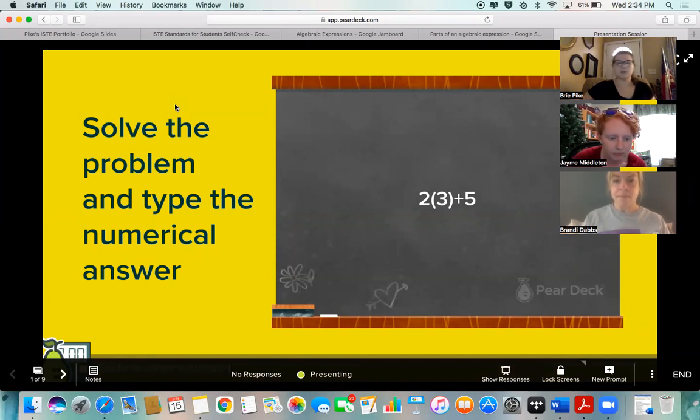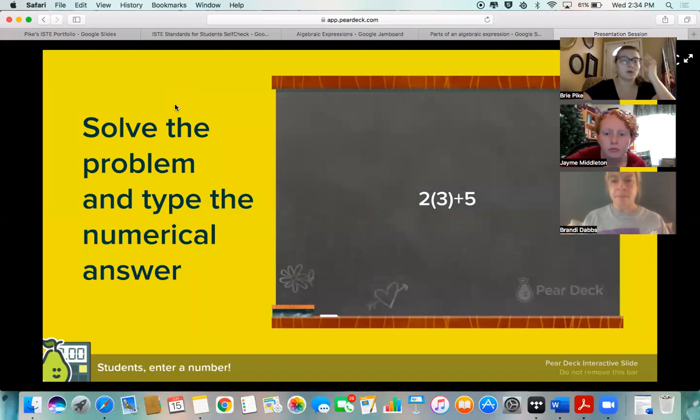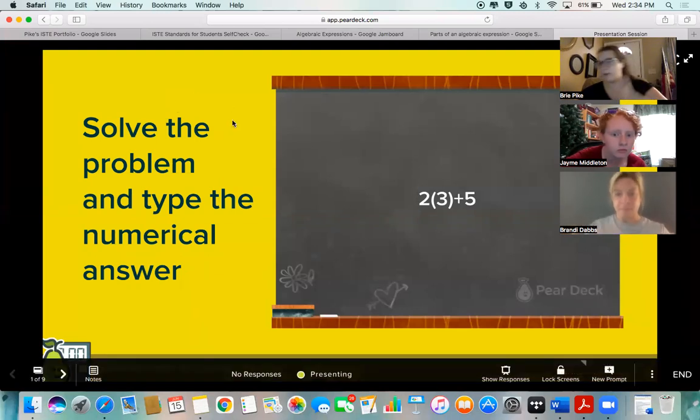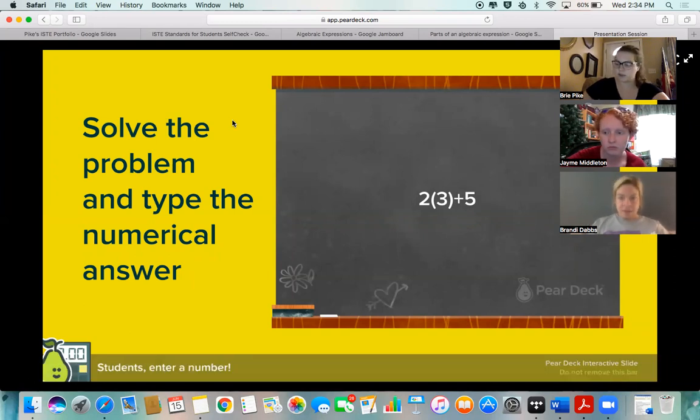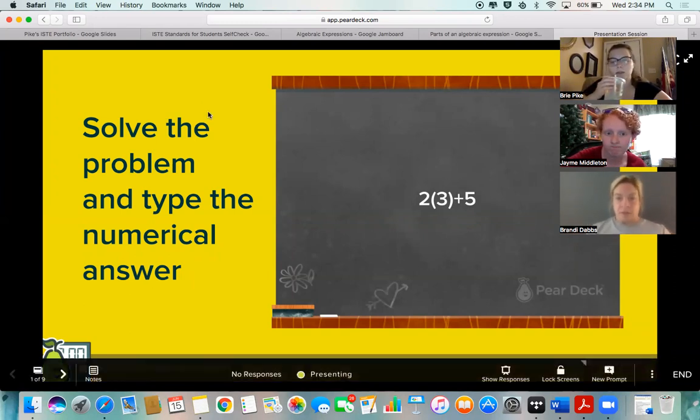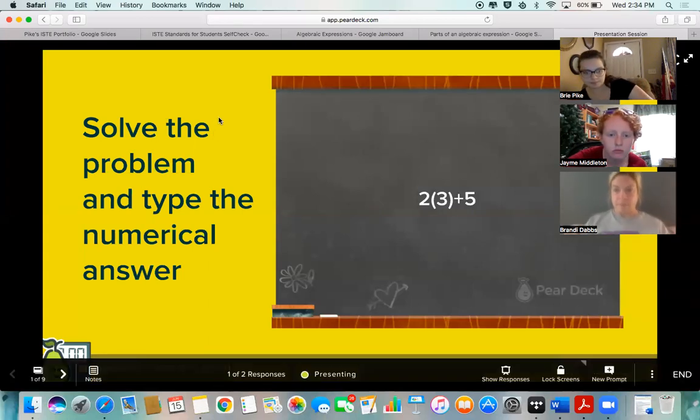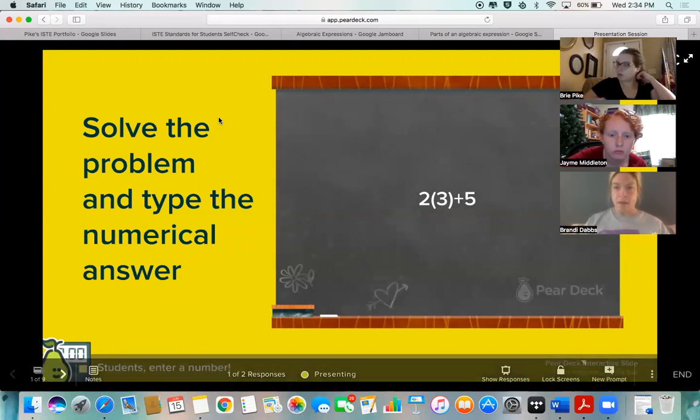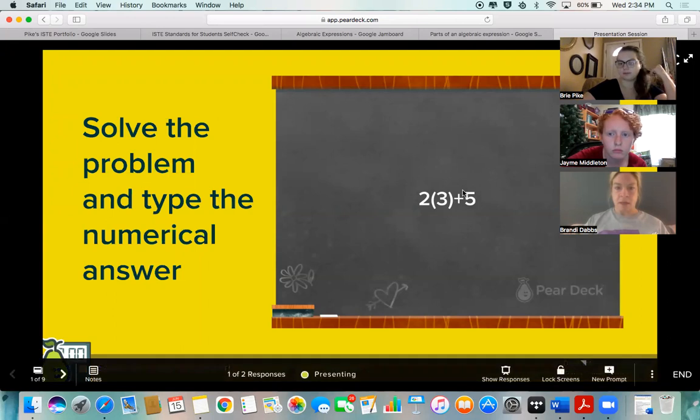Okay, so you should see on your screen where it says to solve this problem and type the numerical answer. So this is going to be just our little bell ringer. If you'll just solve this question real quick, should just be review. Does anybody know what we call this kind of problem?